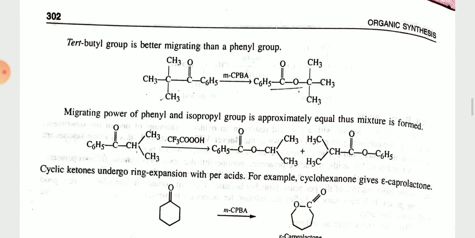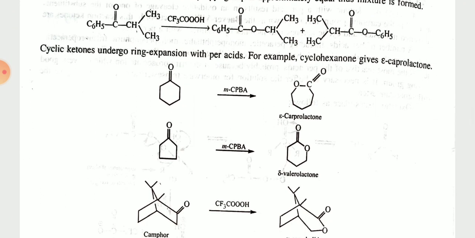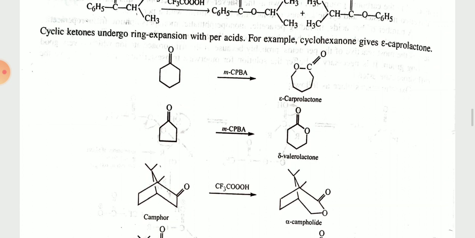Okay, these are some more examples of oxidation of the ketone group. And if we talk about the cyclic ketones, they undergo ring expansion with the peracid. Okay, for example, here is a 6-member ring, and after the oxidation, you will find the 7-member ring.